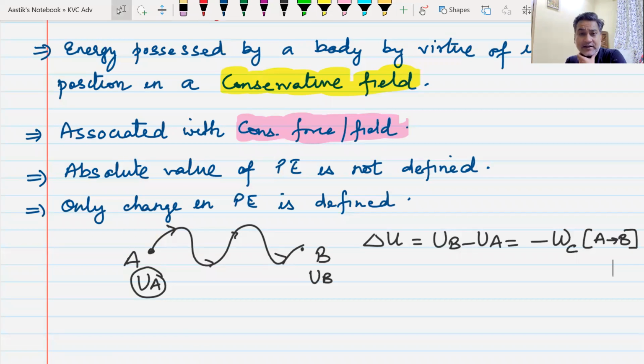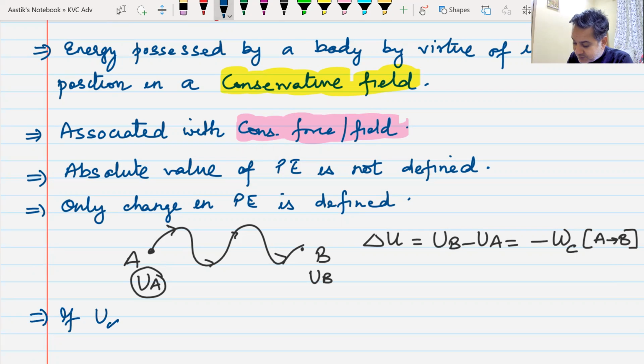Now, if you can find a point whose potential energy can be taken as zero, then with respect to that point you can define the potential energy of other bodies. Yes or no? Yes, sir. In most cases, at infinity, the potential energy is taken as zero.